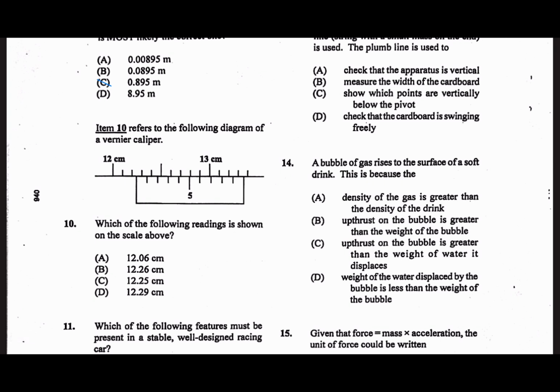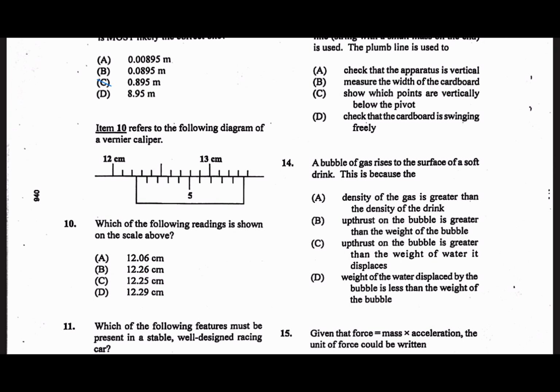In a vernier caliper, we have the main scale on top and the vernier scale at the bottom. In this scale, let's count the number of increments we have: 1, 2, 3, 4, 5, 6, 7, 8, 9, 10. So we have 10.